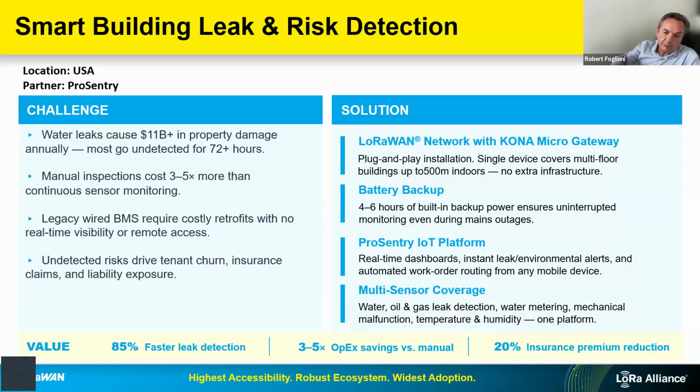The results are very strong: 85% faster detection, 3 to 5 times lower operation cost, and up to 20% reduction in insurance premium. If you subscribe to the leak detection platform, the insurance company provides a 20% reduction on your insurance. That's to motivate the customer to install this application at home.